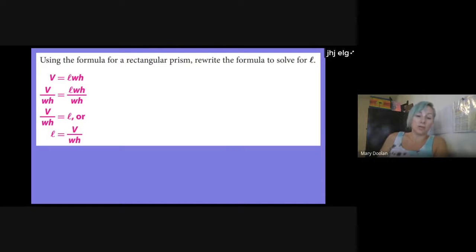So I divide by WH. If I do that to the right, I do that to the left. The left-hand side stays as capital V divided by WH equals lowercase l.